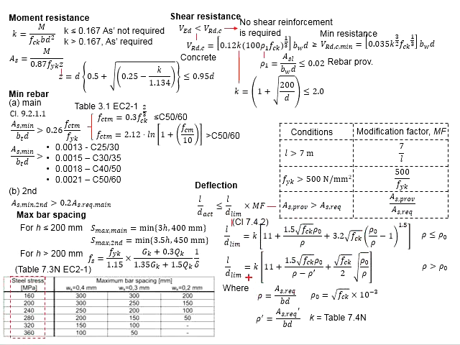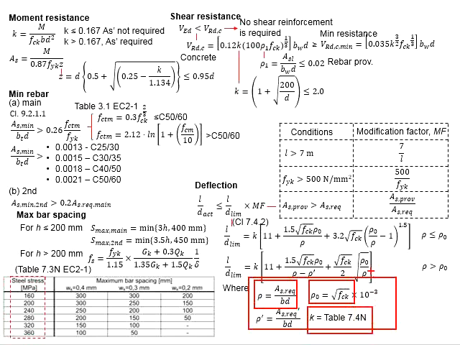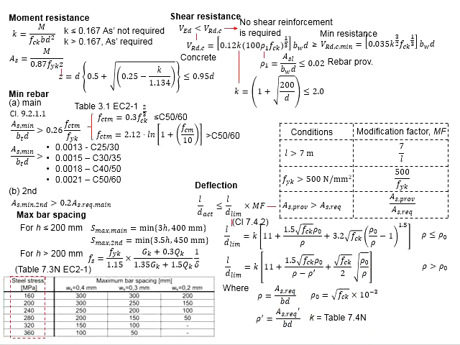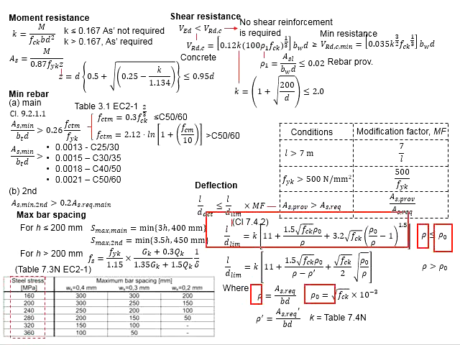You may find the relevant values for the rho and rho naught, as well as the K from Table 7.4N of Eurocode 2. You should first find the rho and compare against the rho naught. If you find the rho is less than the rho naught, then you will use these equations.